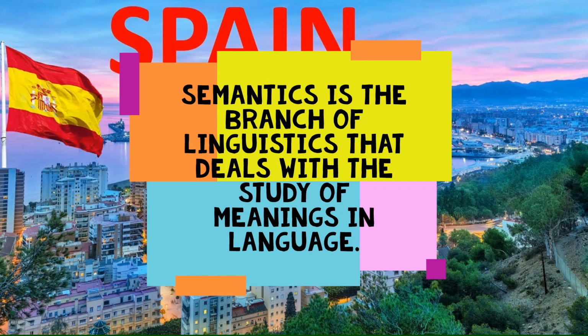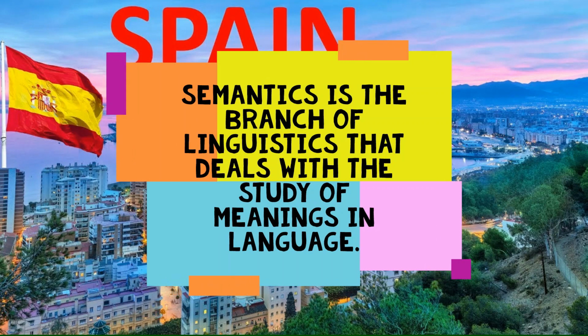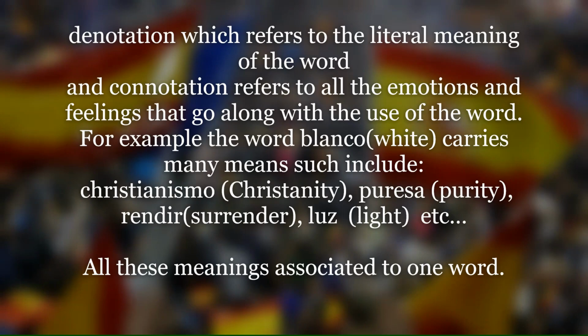Semantics is the branch of linguistics that deals with the study of meaning in language. You could say that it investigates the meaning of language. There are two terms associated with semantics: denotation, which refers to the literal meaning of the word, and connotation, which refers to all the emotions and feelings that go along with the use of the word.